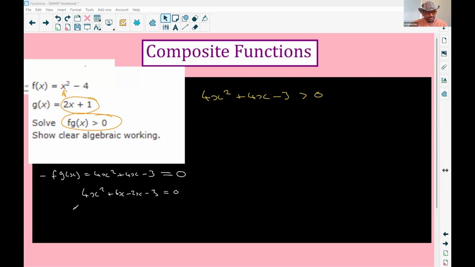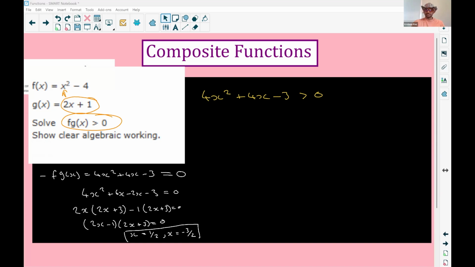Then I can group my factors: 2x plus 3, minus 1, 2x plus 3. Therefore (2x minus 1)(2x plus 3). So the solutions are a half and minus 3 over 2.